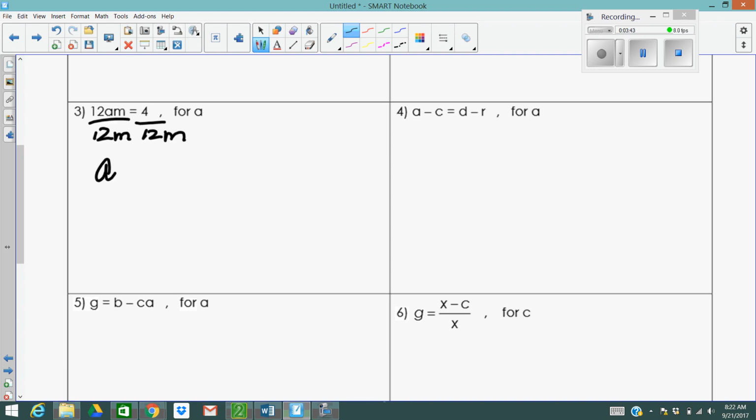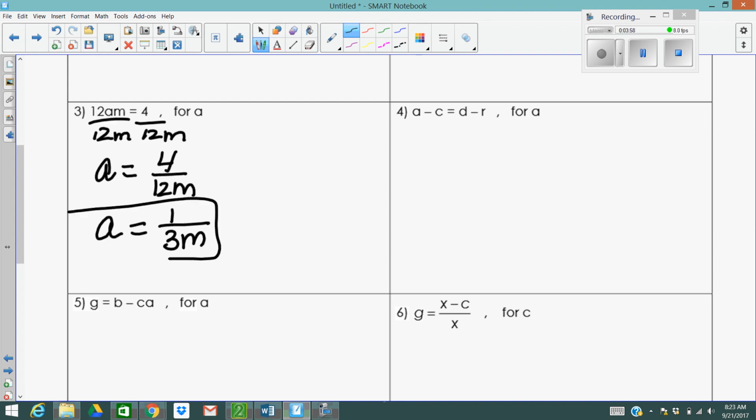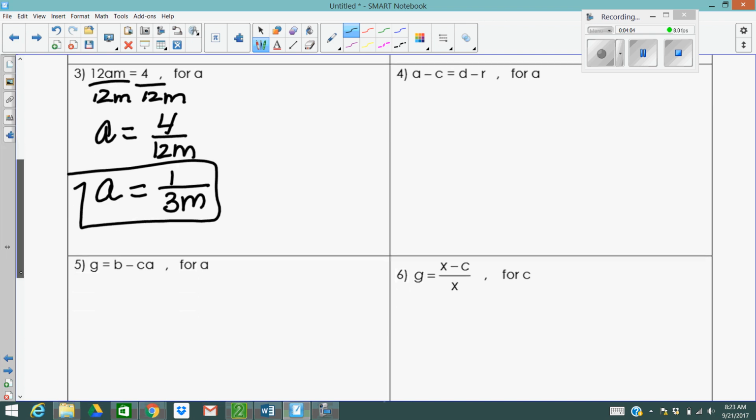So now I'm left with a. On the right side, I have 4 over 12m. But 4 over 12 simplifies because 4 goes into both 4 and 12. I'm left with 1 over 3m, because 4 goes into 12 3 times.